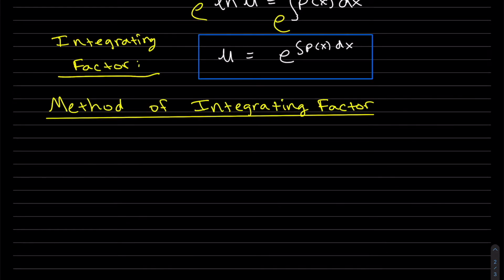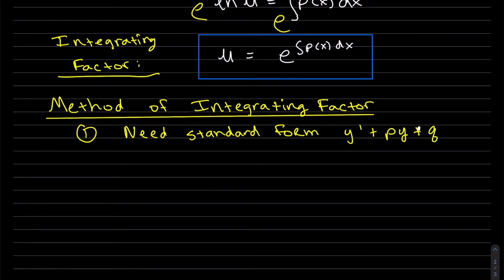So here are the steps for the method of integrating factor. The first step is, don't forget, we need it to be in standard form. So remember, everything's in terms of x: q of x, p of x, y of x.